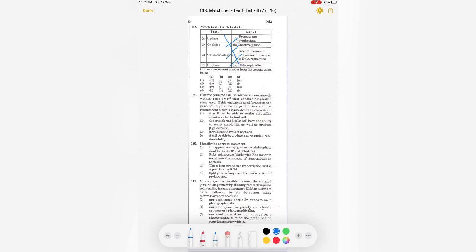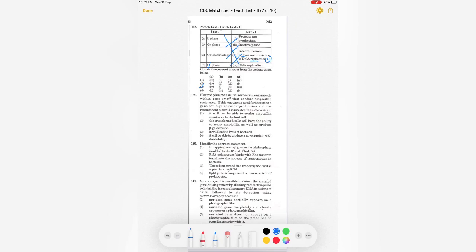Remember, once mitotic division is over, directly after mitotic division, G1 phase comes. After G1 phase, there will be S phase. During S phase, DNA replication occurs. So we can say that G1 phase occurs in between mitosis and initiation of DNA replication. So the correct answer for question number 138 is option 3.